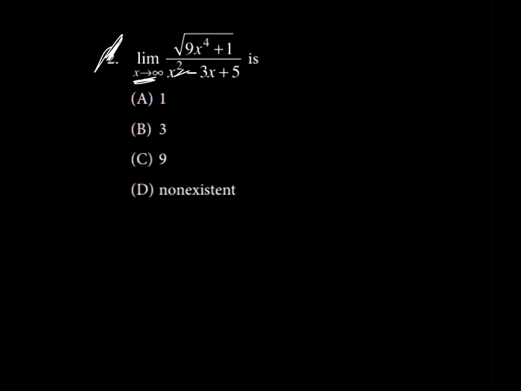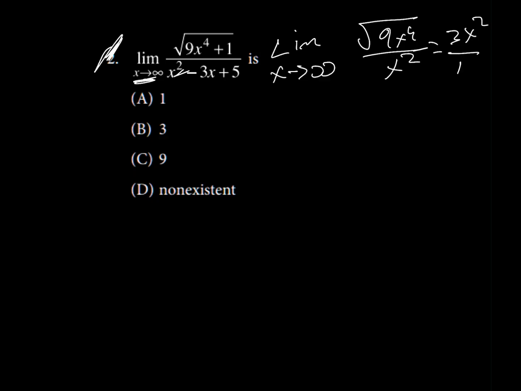Since we are just comparing those two, we can rewrite this as the limit as x approaches infinity of the square root of 9x to the fourth over x squared. Now, this would turn into 3x squared over x squared. Our x squareds cancel out, and it's just basically going to equal 3, giving us answer B.